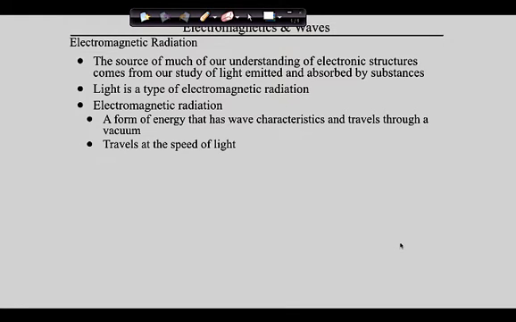So guys, all forms of electromagnetic radiation travel at the speed of light. If you take a second and grab your AP equation sheet, you will notice that that value is given to you on the sheet. So obviously we are on a new section of this.